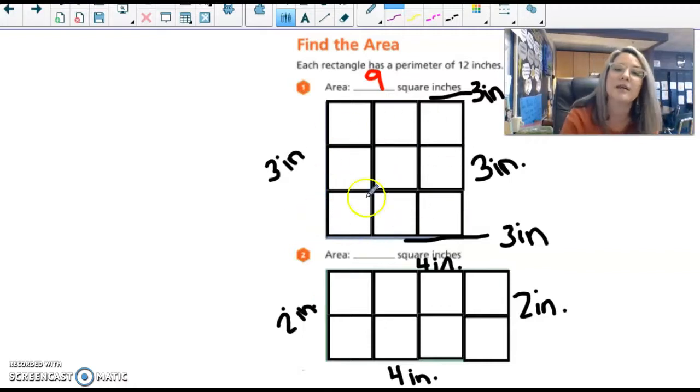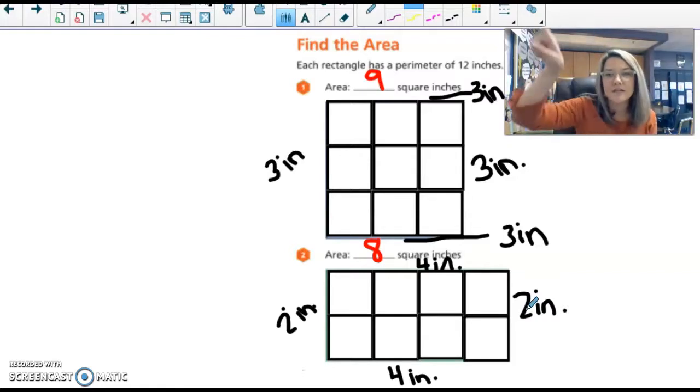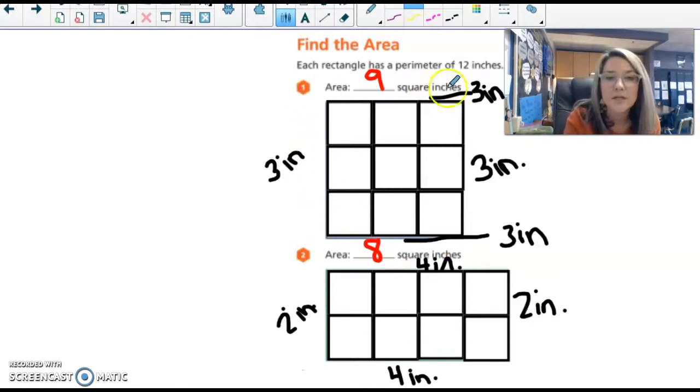Especially with these 2 rectangles, I can see that the first one has 1 more square unit than the second one. And I think it also helps to think of perimeter like a string that goes around. That if I had a string that was 12 inches, I could put it around this shape and the second shape, and it would be the same length.